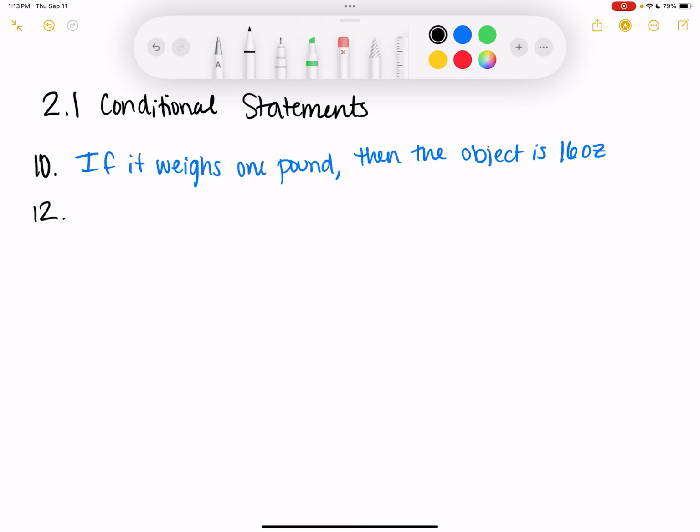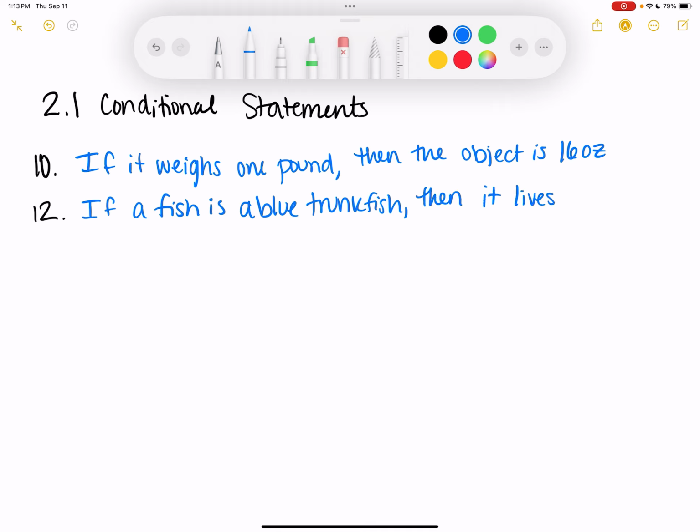I would say, if a fish is a blue trunk fish, I'm really curious what that looks like now, then it lives in the waters of a coral reef.